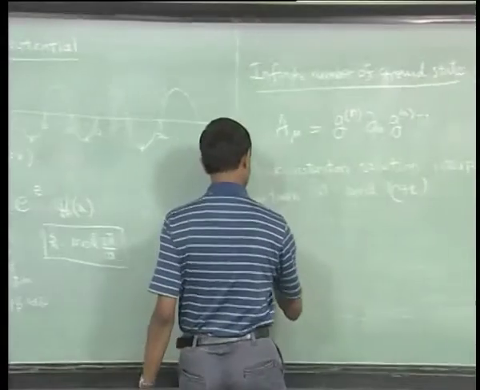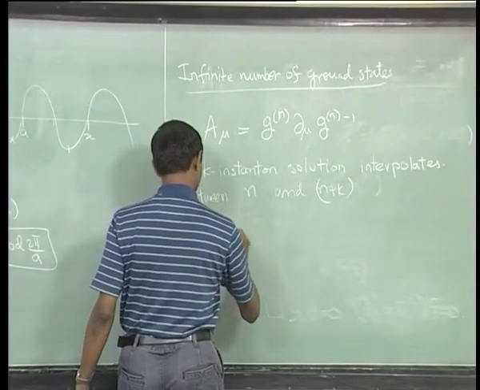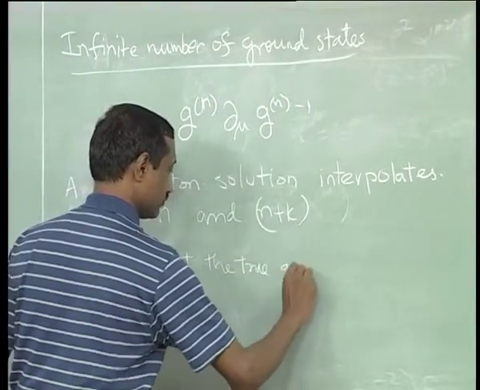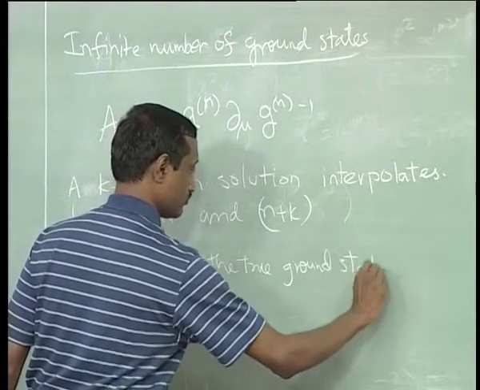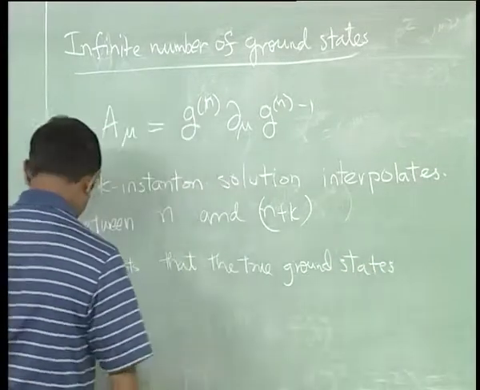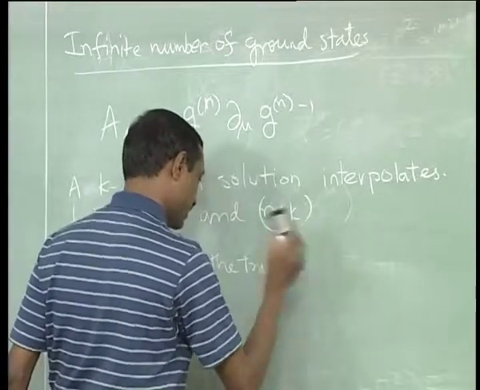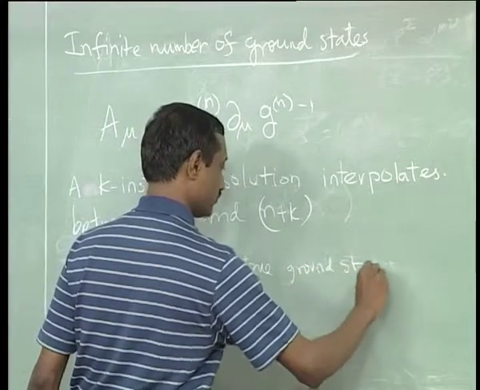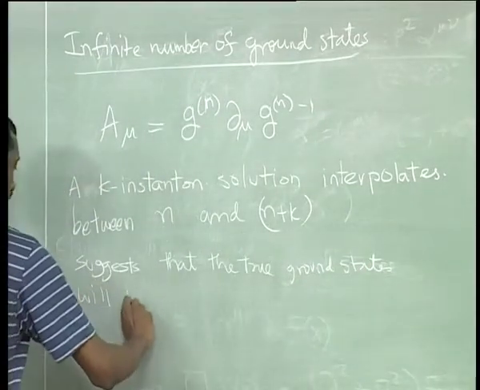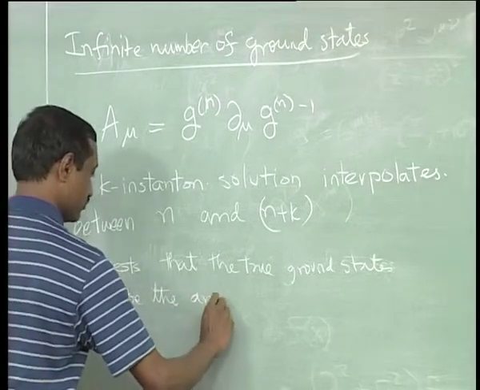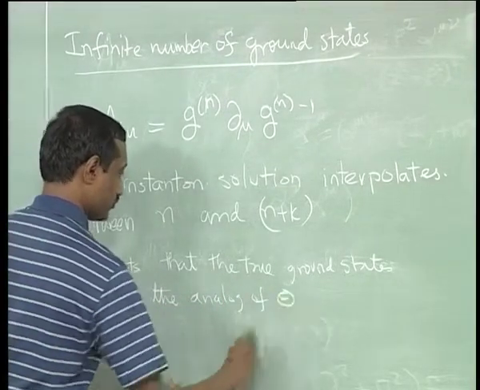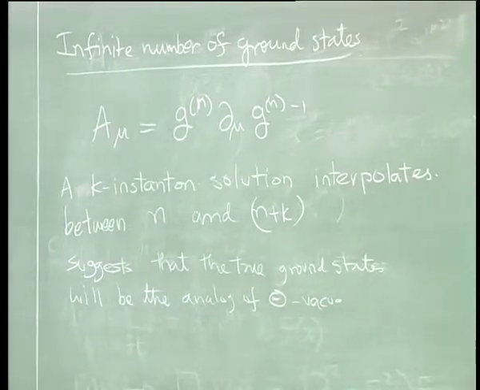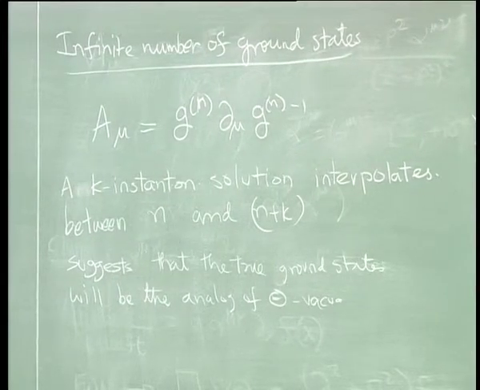So it suggests that the true ground states, or the true eigenstates, if you wish, will be the analog of what we will call theta vacua.